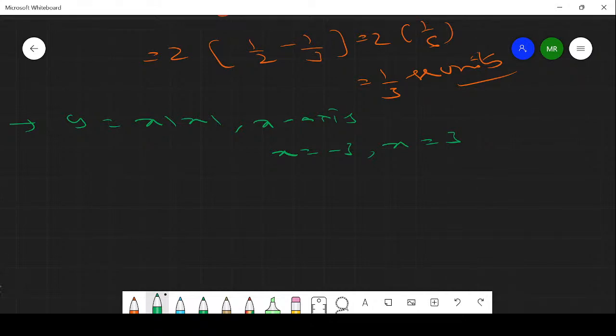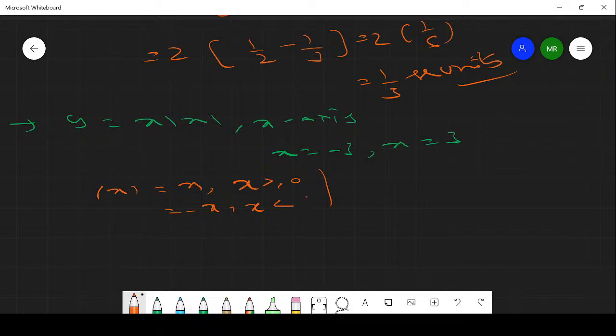See, when x is positive, when x is greater than or equal to 0, mod x is equal to x. You remember, mod x equals x when x is greater than or equal to 0, and minus x when x is less than 0.